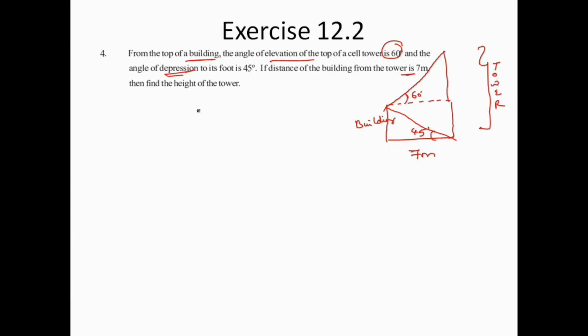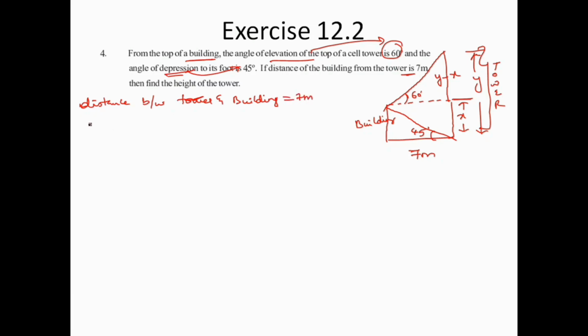Find the height of the tower. So let me take the distance up to here to be x, and the overall distance to be y. Hope this is also clear. And this distance between the tower and the building is 7 meters, isn't it?